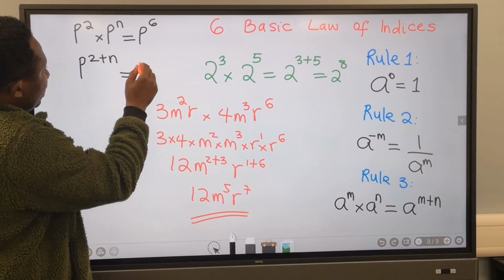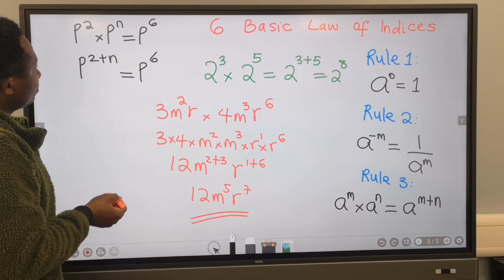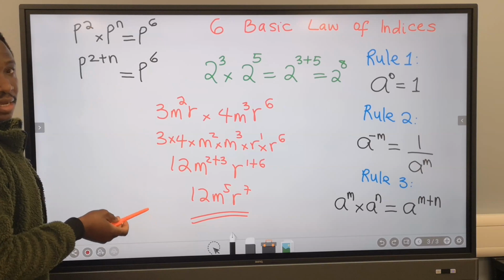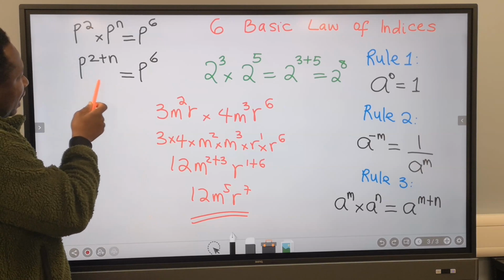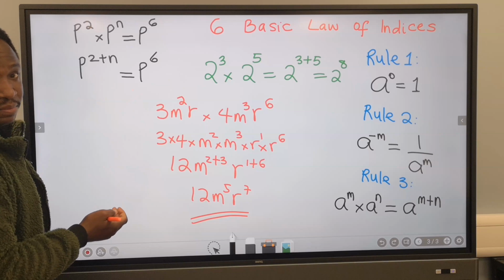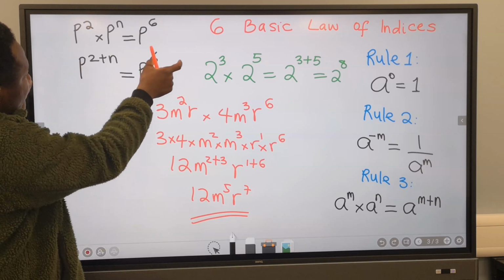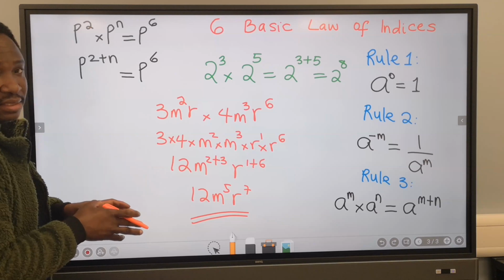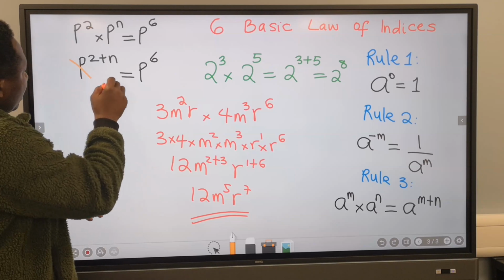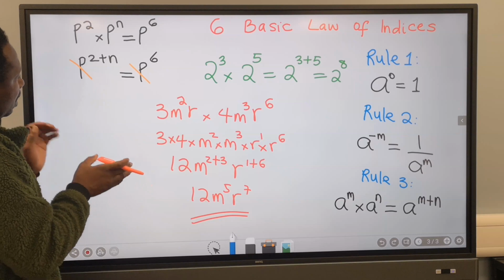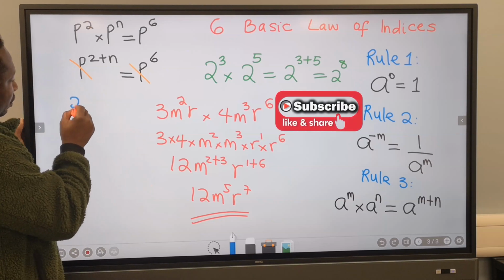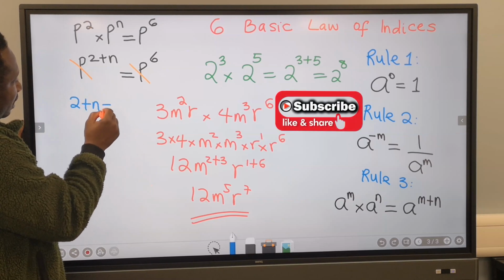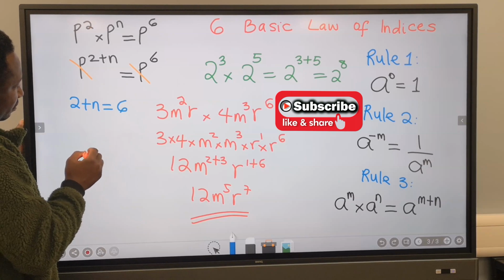And here is p to the power of 6. Next, because this p and this p are the same, this p can cancel this p, and we're going to have 2 plus n is 6.